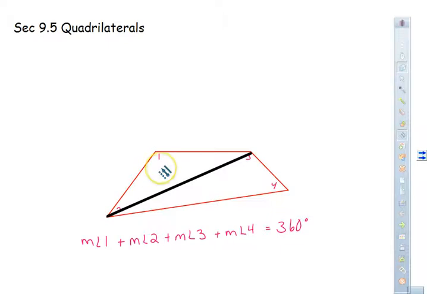So if this is 180 degrees total in the angles, and this is 180 degrees in the angles, remember we have 2 triangles, add those together, and you get 360 degrees. Okay? That's how you know that you can come up with that angle. Let's look at the next one.